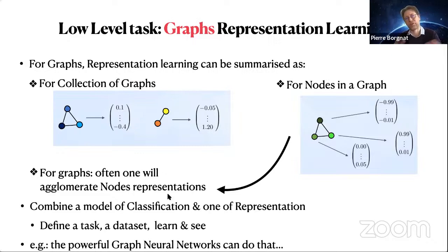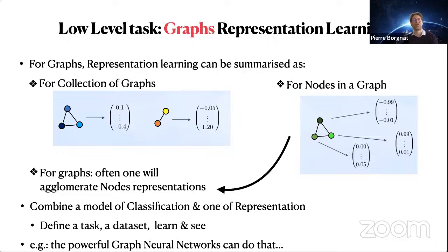Usually for graphs, you agglomerate or concatenate in some sense the representations of the individual nodes, possibly by taking into account the relationship of adjacency from one node to another. But anyway, you can combine a model of classification and a model of representation, define a task and a dataset, learn and see what happens, and usually you have good results.